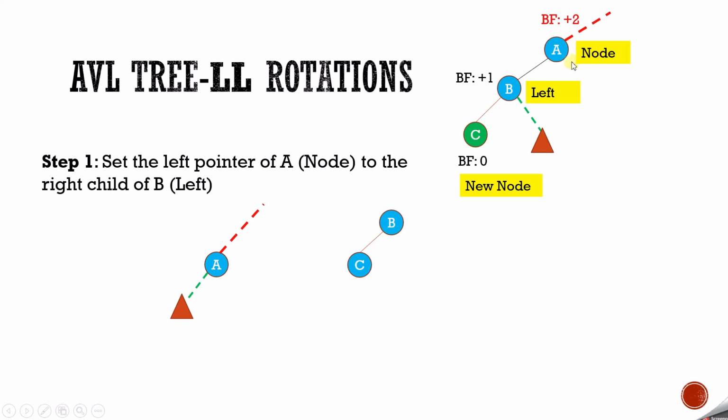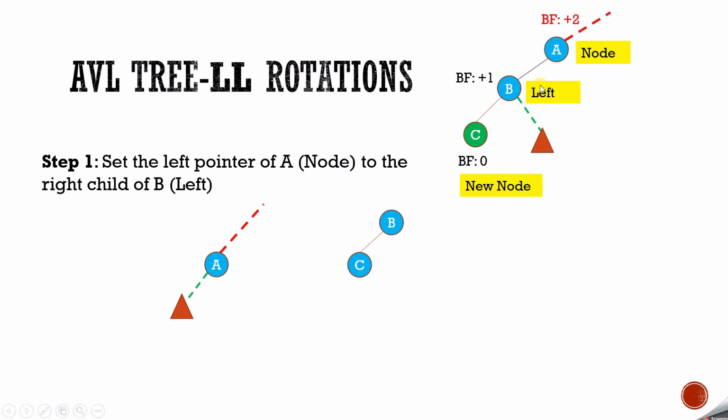The node that achieves a balancing factor +2, we are going to refer to as node. Its immediate left subtree, whether its balancing factor is +1 or -1, whatever it is, we're going to call it left, and the node that I am inserting newly, we're going to call new node. From now on, interchangeably I'm going to refer to node as A, left as B, and new node as C.